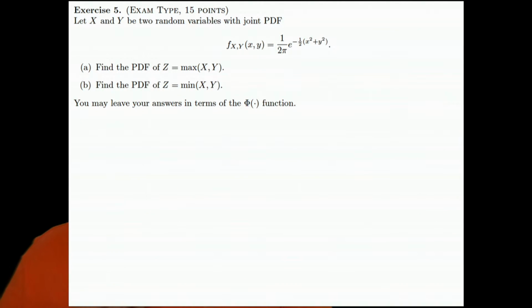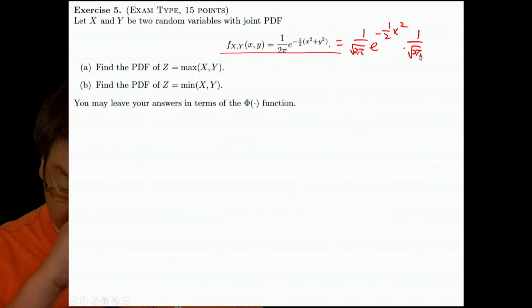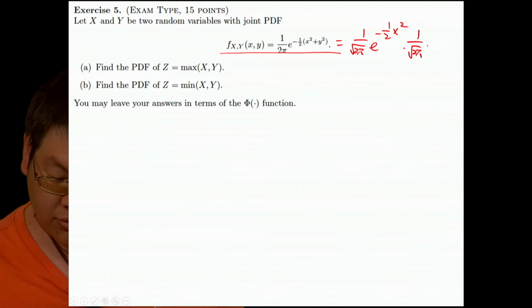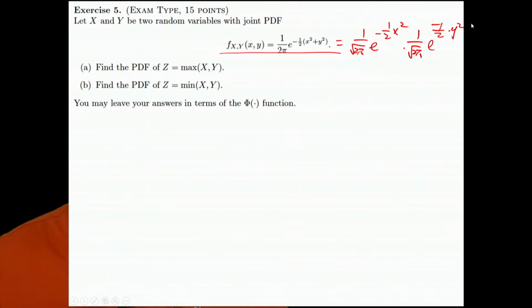Again, people may ask why, knowing X and Y individually, the PDF is Gaussian. So we just analyze this one. I can write it down as 1 over the square root of 2 pi times exponential of minus 1/2 x squared, times 1 over the square root of 2 pi times exponential of minus 1/2 y squared.